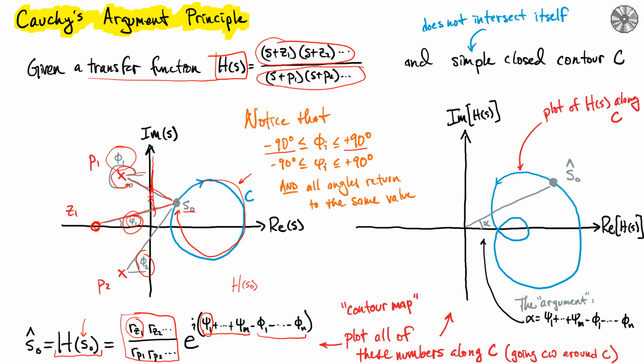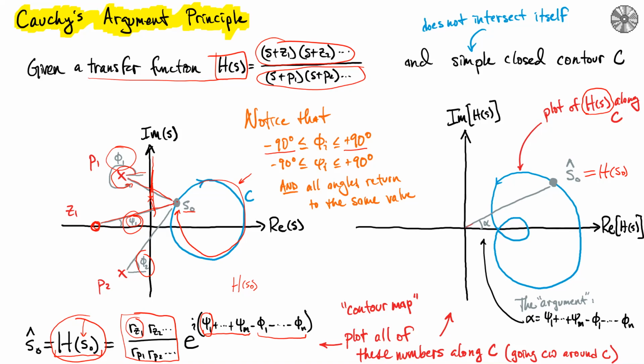The Nyquist stability criterion is going to draw out the magnitude and phase of this transfer function evaluated along a contour. We're going to pick a very special contour in a couple of slides. But for now, let's just think about this generic circular contour, which would produce a plot of H evaluated on that contour. Each point, s hat, is in fact H evaluated at S0. This has a magnitude and a phase.